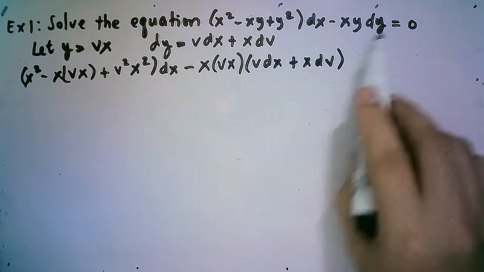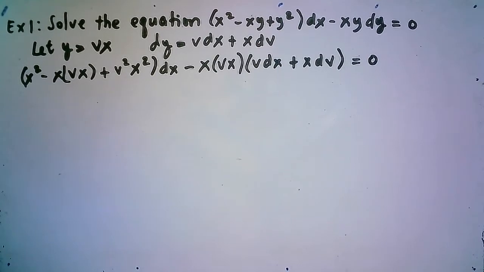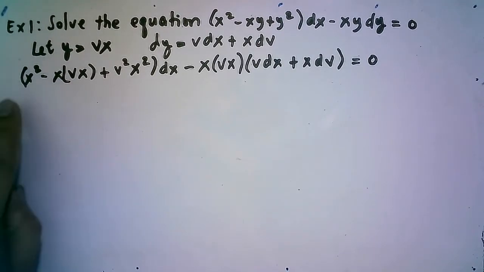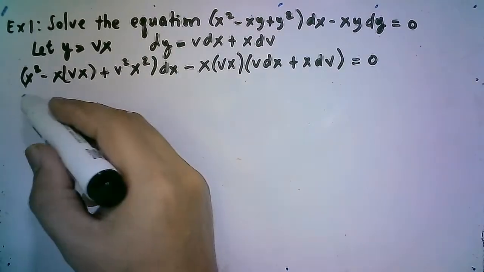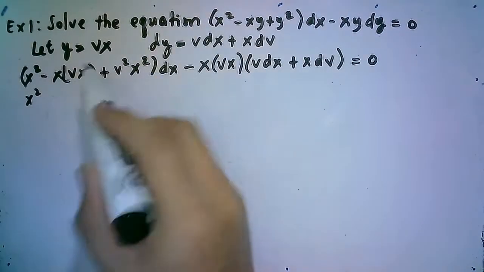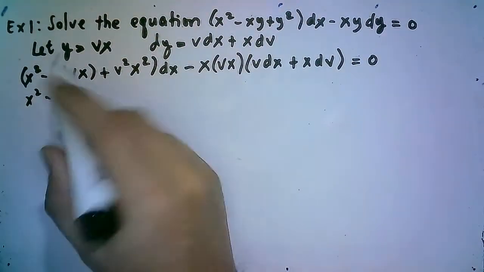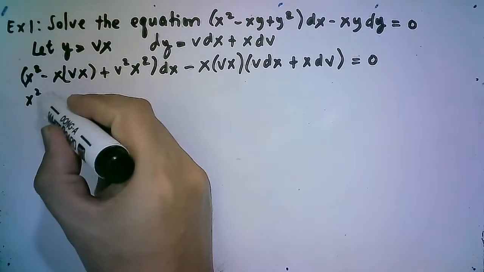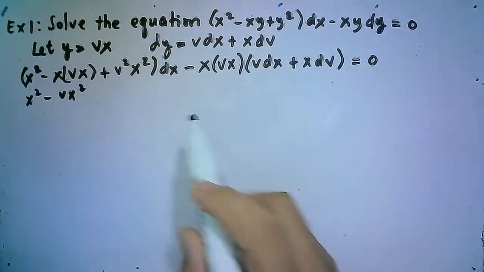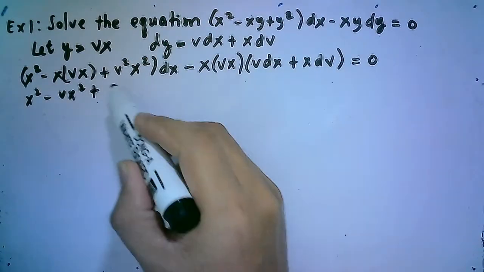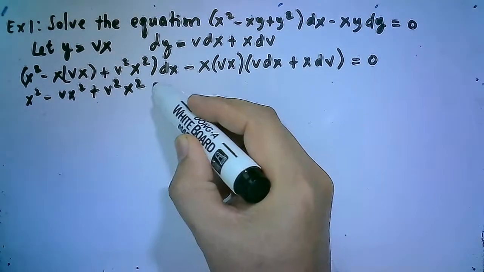This is now our dy, which is equivalent to 0. So this time, this is equivalent to x squared minus this one is x. I will write here minus v x squared plus v squared x squared dx.